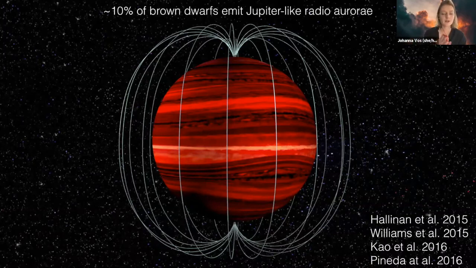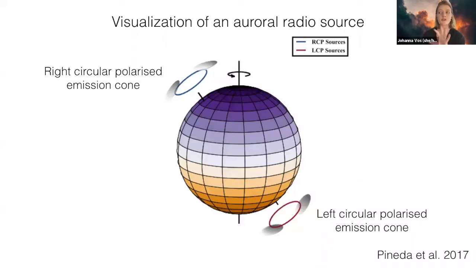The signal we observe is pulsed, circularly polarized emission, which is consistent with aurora, like we see on the planets. And this is a newish field. It's super interesting, so I've just put a bunch of papers here if anyone wants to delve in. And this is just a really nice visualization of the radio aurora emission, in case anyone's wondering.